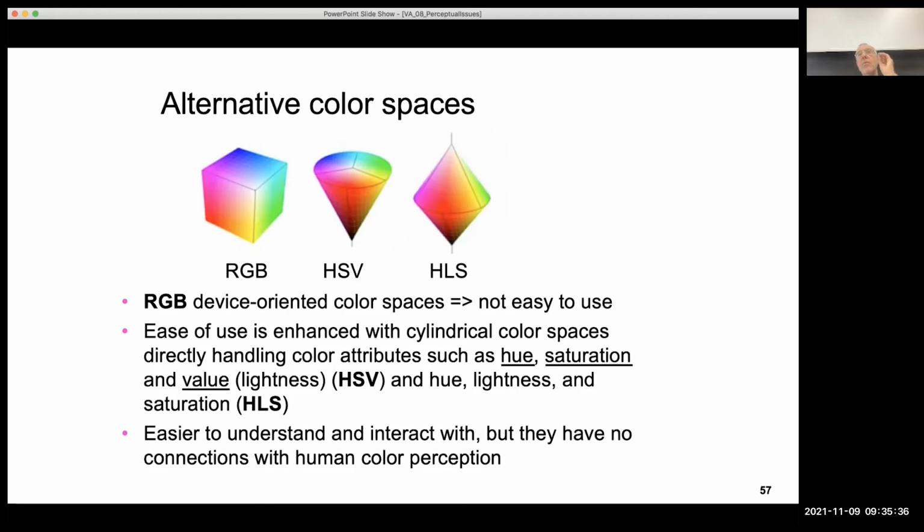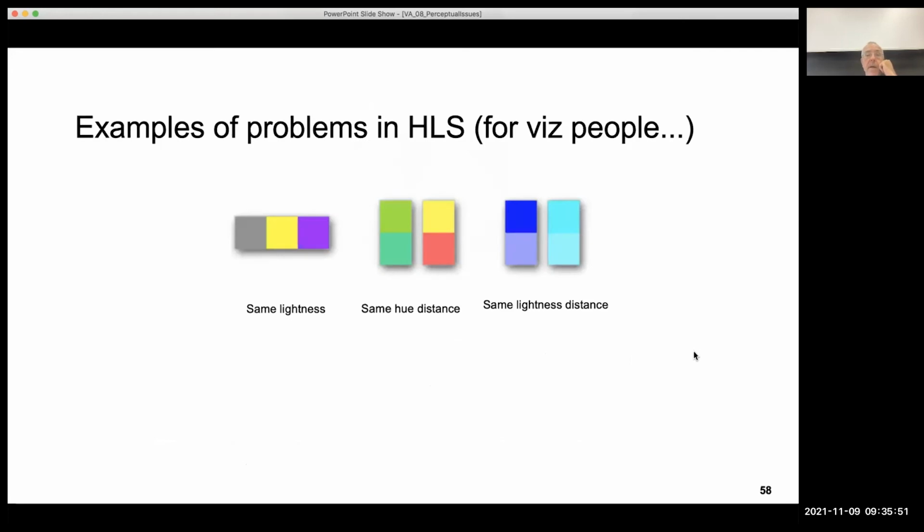Because if your goal is to select the color, this is very good. This is very good as well. But if your goal is to use the color to encode a number, they are not good anymore. And I'll show you this example. These three colors have the same lightness.